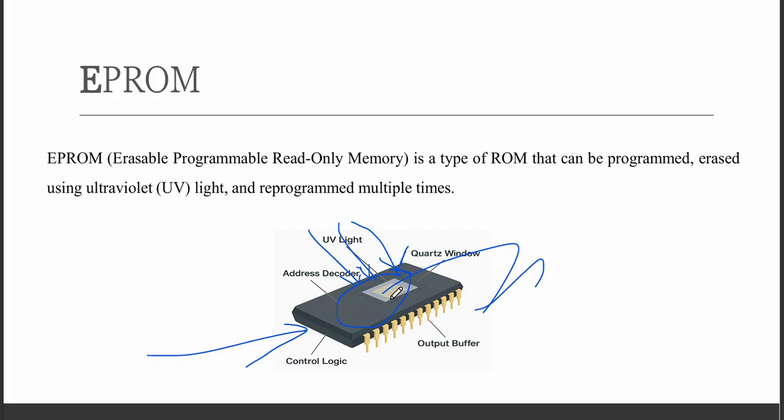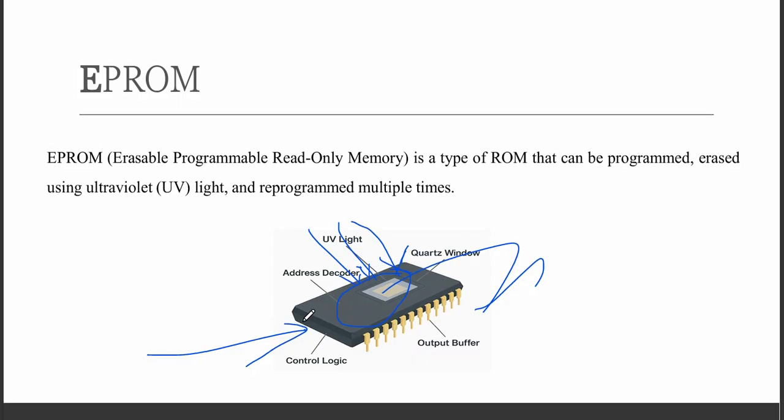After that we can rewrite the program. But to do this we have to remove this chip from the circuit board. We can't directly expose it while it is inside the circuit board. We have to remove the ROM each time.